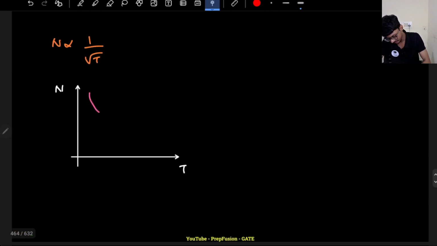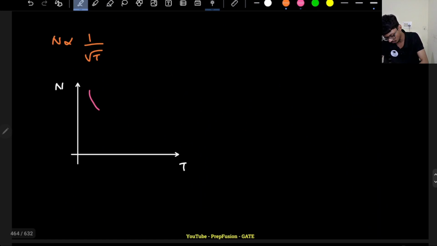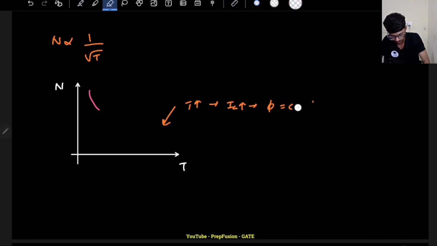So for higher torque, the load current is high, and if load current is high then the flux is high. So at higher torque levels the Ia will be very high, and then flux will be constant because we will assume saturation, right.